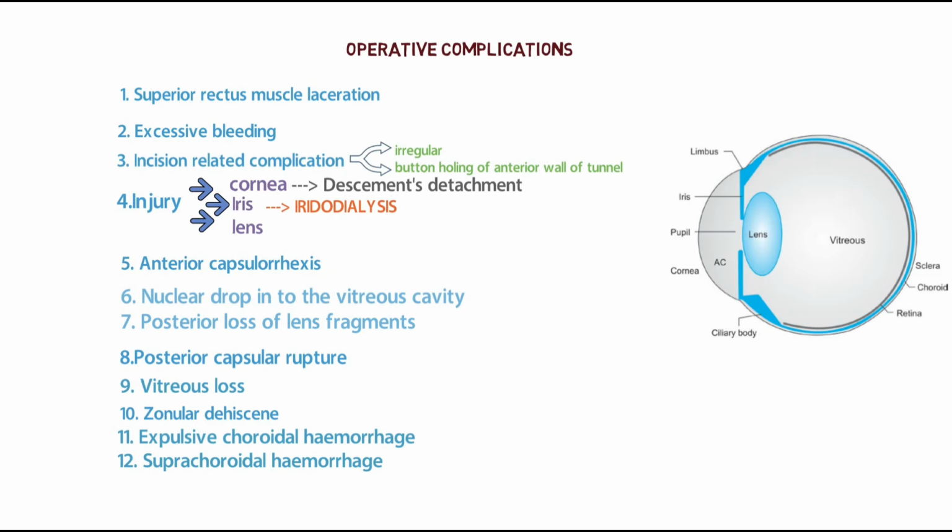Then there is the posterior capsule, and there can be posterior capsular rupture. After that, there is the vitreous, and there may be vitreous loss, then zonular dehiscence, and after that there can be expulsive choroidal hemorrhage, and at last suprachoroidal hemorrhage.